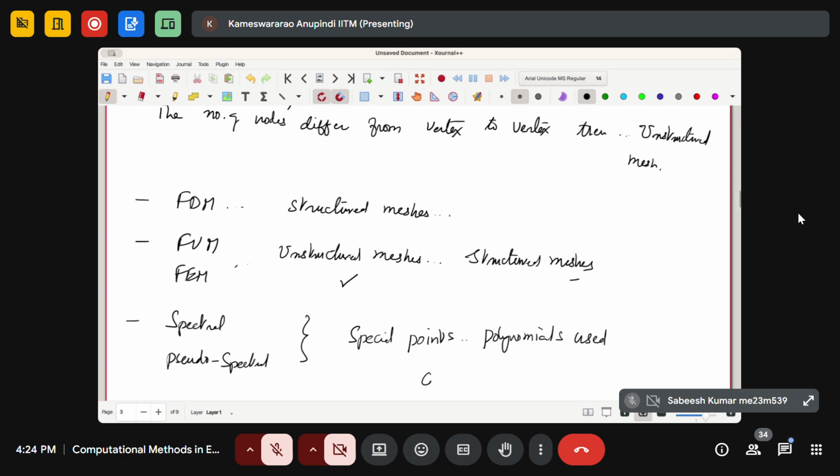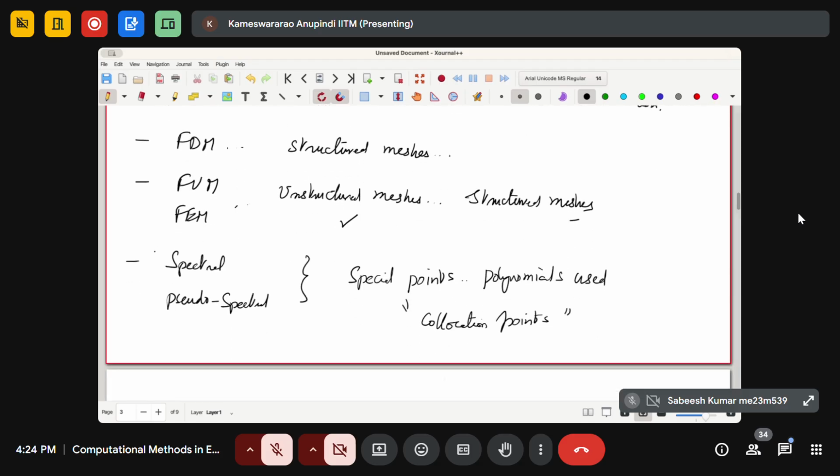And these are called collocation points. So the underlying polynomials define where you should place these grid points. These spectral and pseudo-spectral methods are very powerful in that they have very high accuracy. However, they cannot be applied to solve solutions in complex geometries. That is the problem, but they have really very high accuracy compared to all other methods.